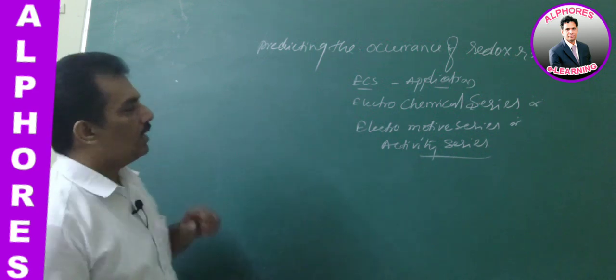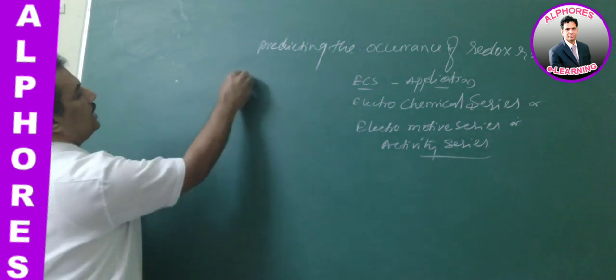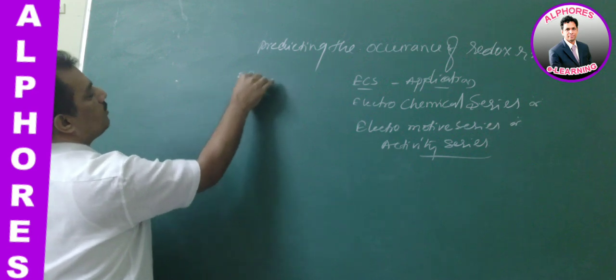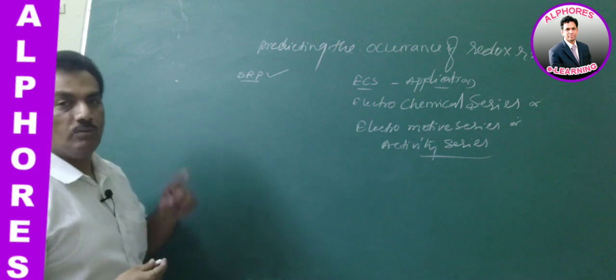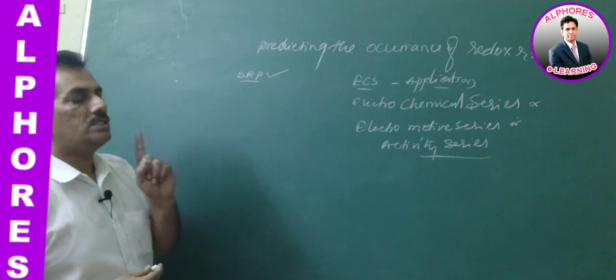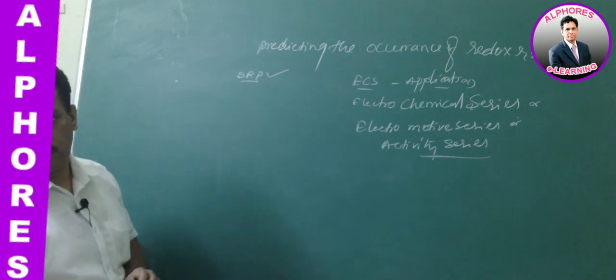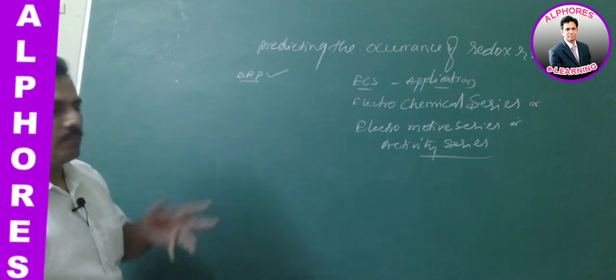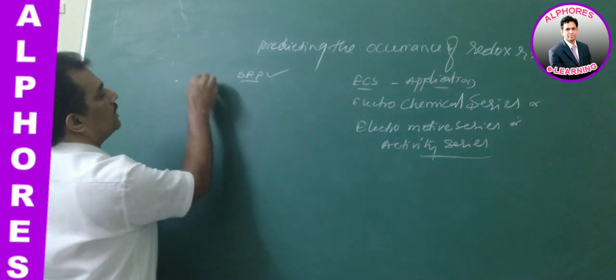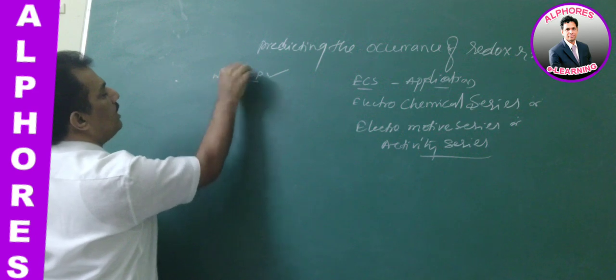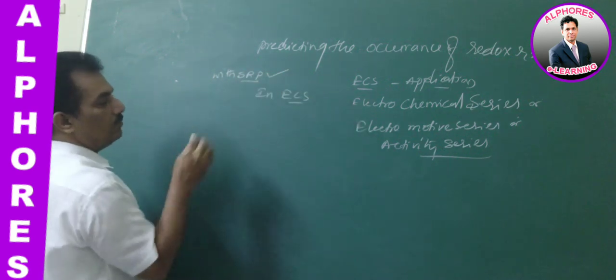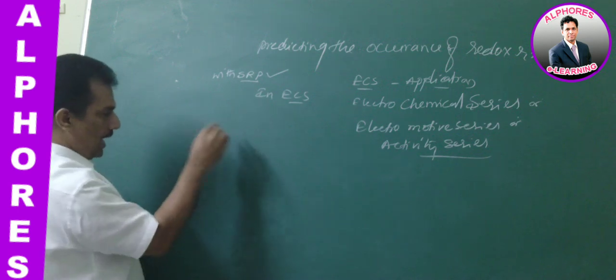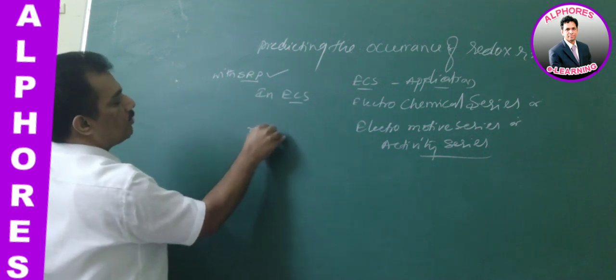Clear? And now altogether how to arrange them. Here the sequence I am going to provide is for SRP only. In case SOP is given, convert it into SRP just by taking the opposite sign. In ECS, electrochemical series, with SRP, the electrodes are arranged with more negative first.